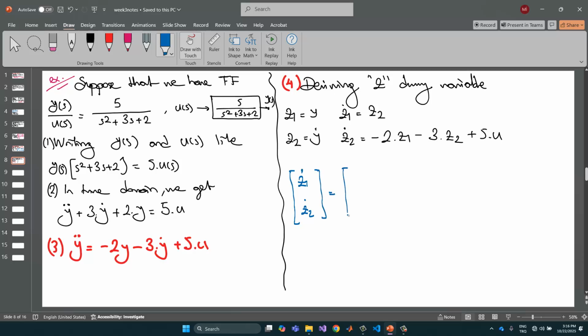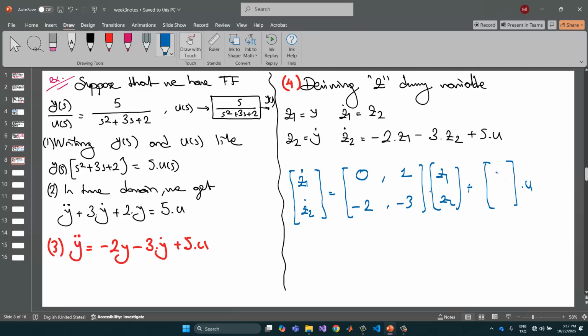And so just writing the state space just like this one, z1 dot and z2 dot is equal to this term, and this is z1 and z2, plus we have the 2 times 1 matrices in here, and so this is 2 by 2. What's the first term in here? z1 dot possesses only z2, so 0 1. z2 dot is minus 2, minus 3.